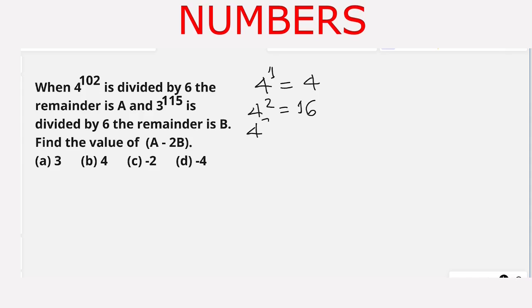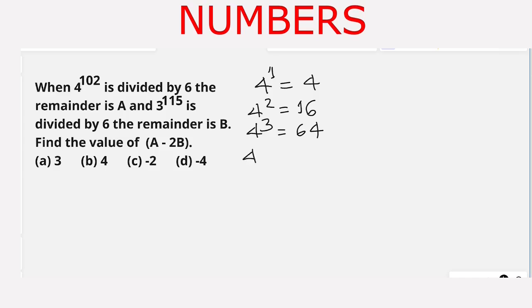4 to the power 3 is 64, and 64 when divided by 6, the 6 times 1 is 6, the balance is 0, we carry 4, and 4 when divided by 6, remainder is 4.